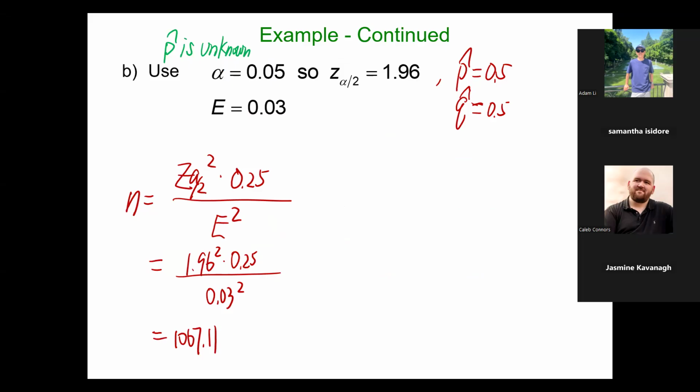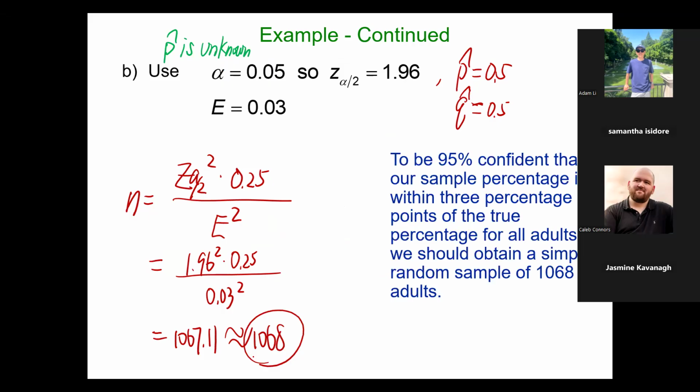But again, we round up to the next whole number, so 1068. So a similar conclusion: to be 95% confident that our sample percentage is within 3 percentage points of the true proportion for the entire population, we should obtain a simple random sample of 1068 adults.